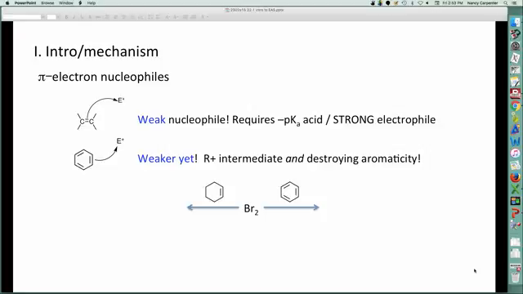So it doesn't want to happen, and that's why we've pretty much ignored it for the last 20 weeks or so. This is very nicely illustrated, in fact, in the reaction of an alkene with bromine back in 2301, actually back in 2311, OChem lab.